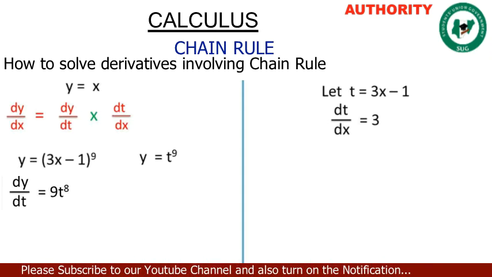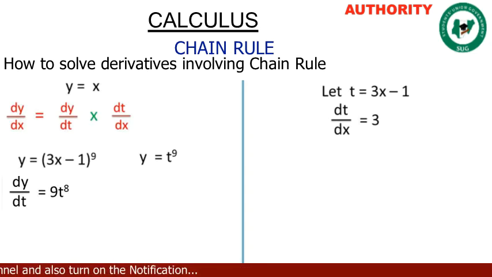We bring 9 down, it will be 9 times t raised to power 9 minus 1, which gives 8. So dy over dt is equal to 9t raised to power 8.